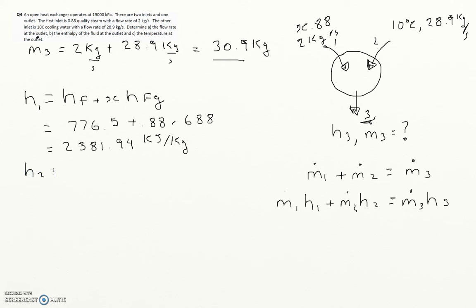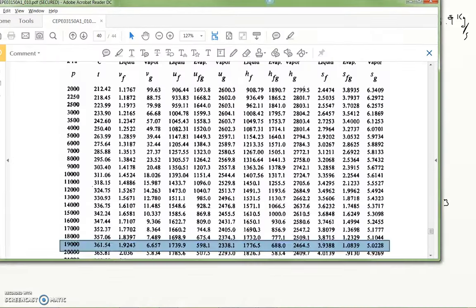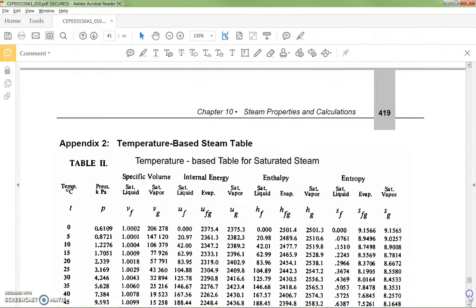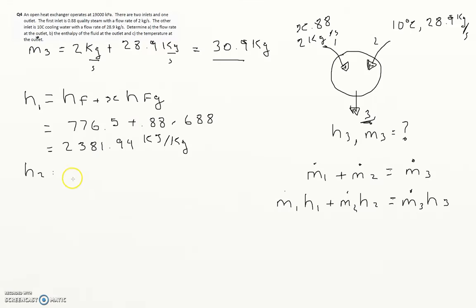H2 I can find by going to my steam tables again. This time, because it's a liquid, I'm going to go to my temperature table. At 10 degrees Celsius, what I care about is my HF, 42.01. So my H2 is 42.01, again kilojoules per kilogram. To find H3, I'm going to make use of this equation over here.